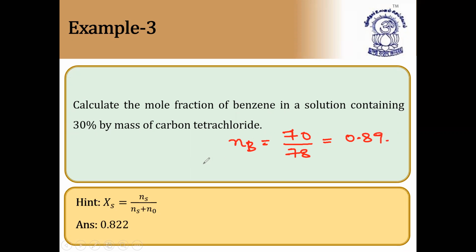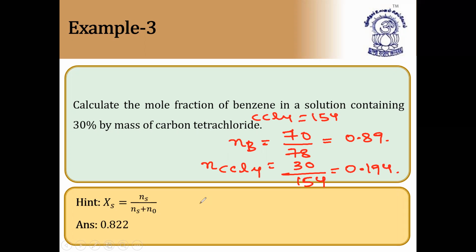And number of moles of CCl4. Carbon tetrachloride: 12 plus Cl4, 35.5 into 4 is equal to 142, plus 12 is equal to 154. So molecular mass of CCl4 is 154. That is 30 by 154, which is equal to 0.194.